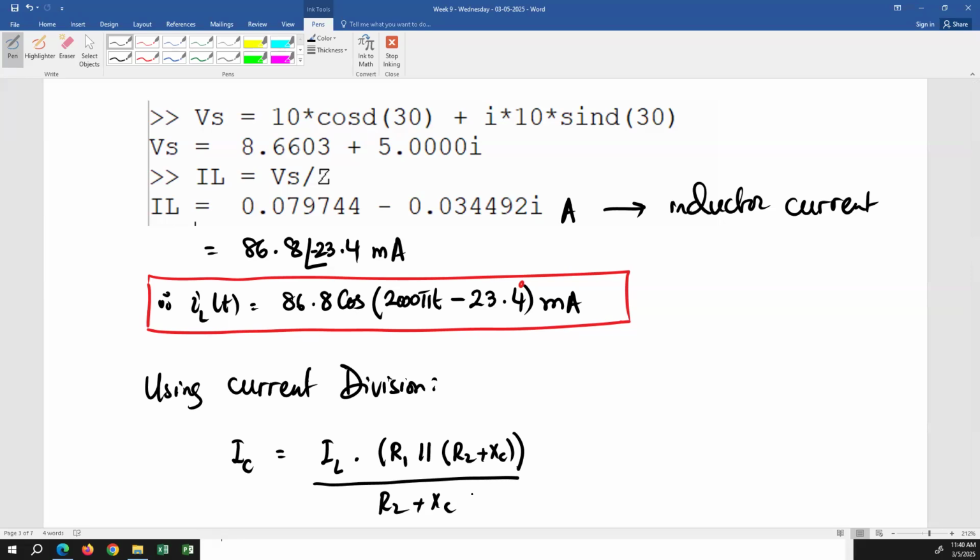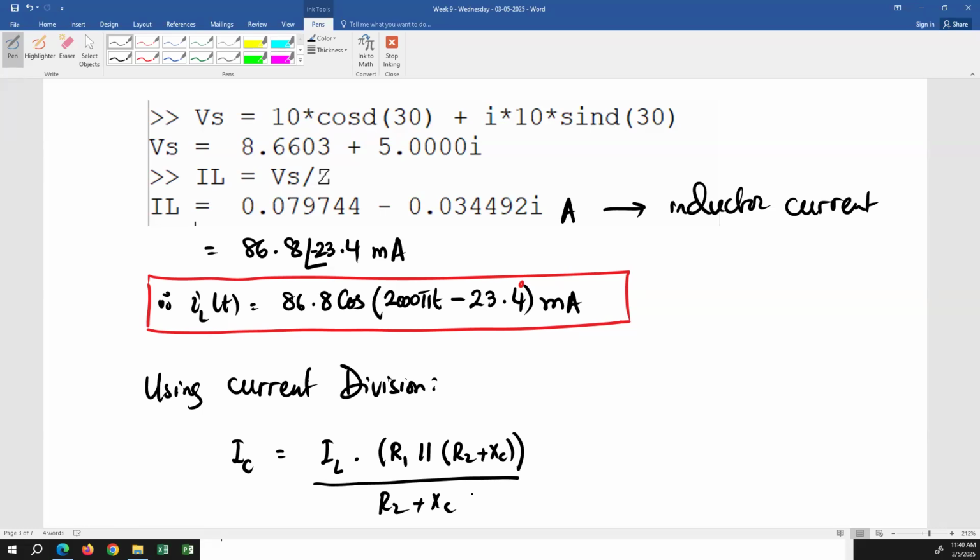That's a difference, right? But still the equivalent comes on top in the current division, and the component through which you're finding the current comes in the bottom. In the voltage division, the component comes on top across which you're finding voltage, and the equivalent comes in the bottom. The equivalent is different though. In current division, the equivalent is parallel; in voltage division, the equivalent is series, right?